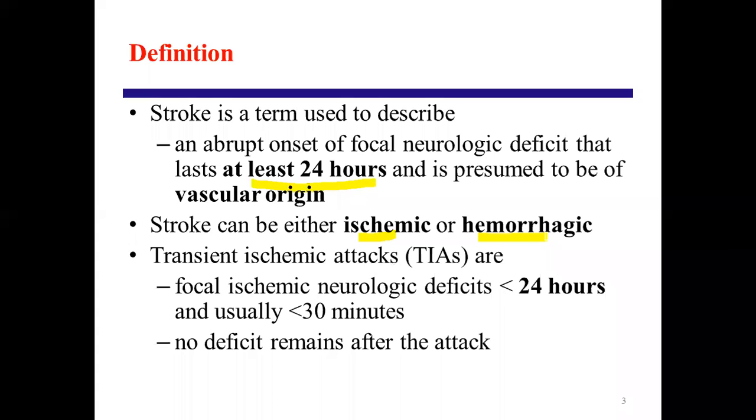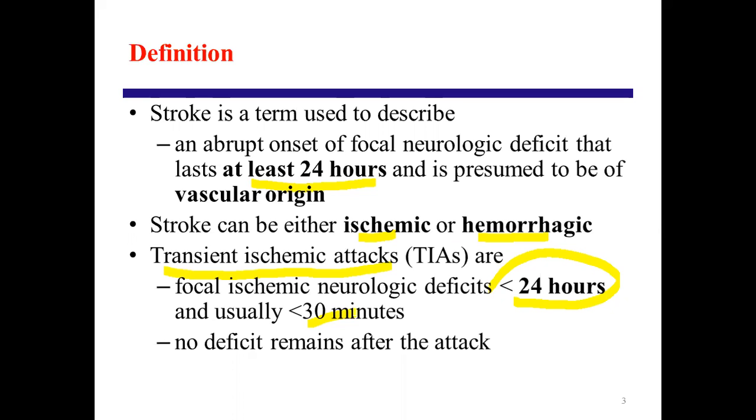However, in between there is a transient ischemic attack. If a patient has a focal ischemic neurological deficit lasting less than 24 hours, usually about 5 to 15 minutes, or generally less than 30 minutes, we call it a transient ischemic attack.